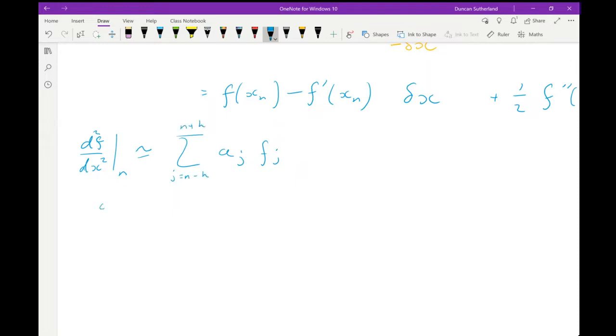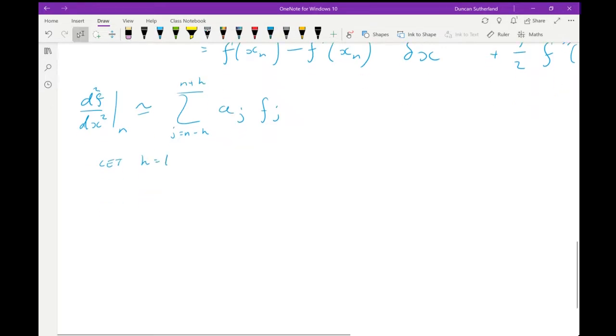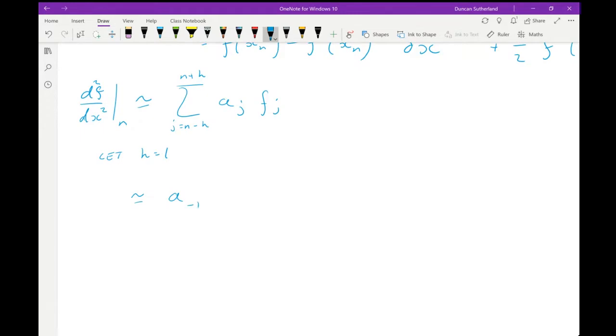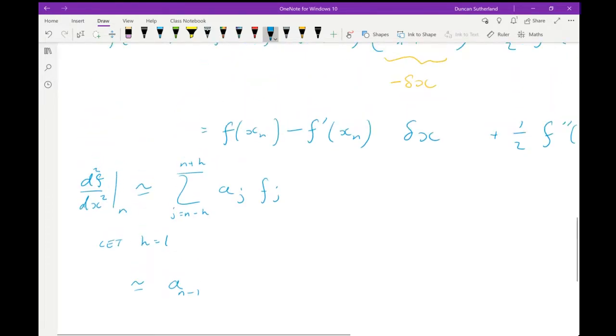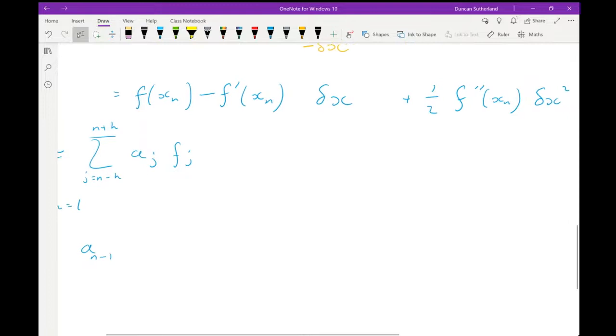So let k equal 1. We've got approximately a n minus 1 times f of n minus 1, which we just determined up here.